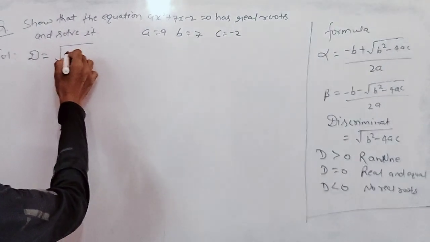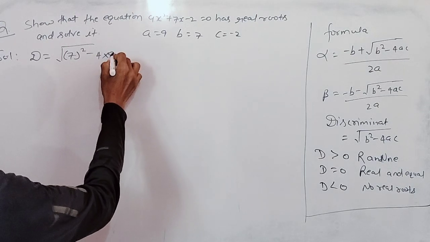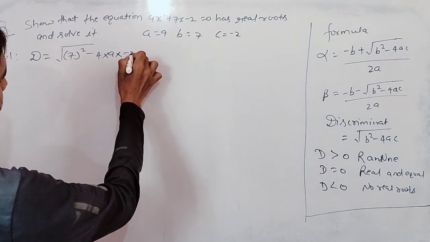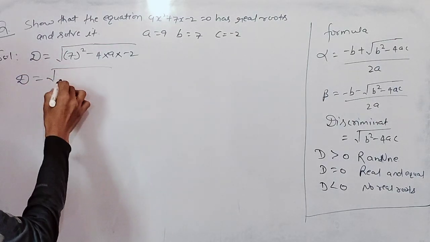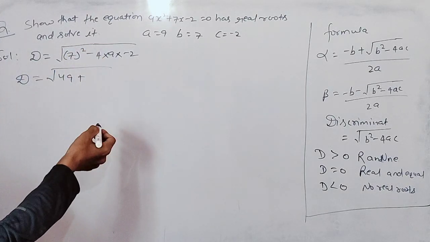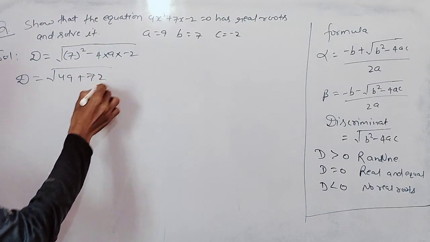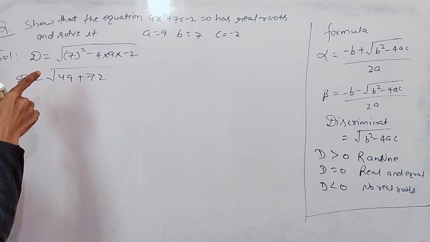So 7 square minus 4 multiplied by 9 multiplied by minus 2. Clear? Now here 7 sevens are 49, plus 4 times 9 times 2 is 72.